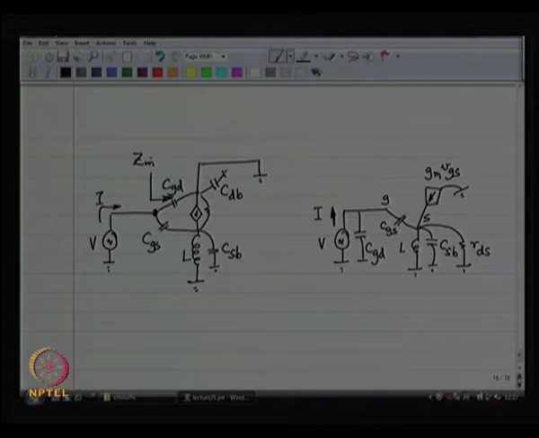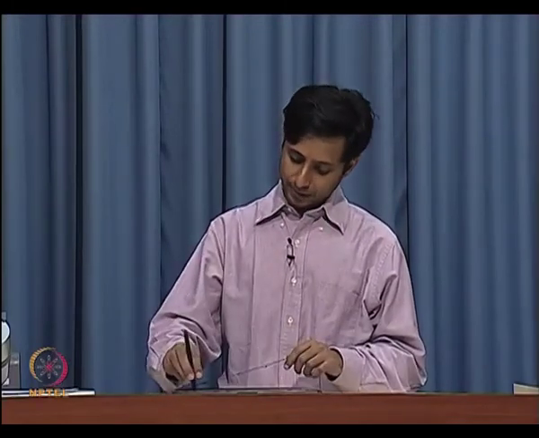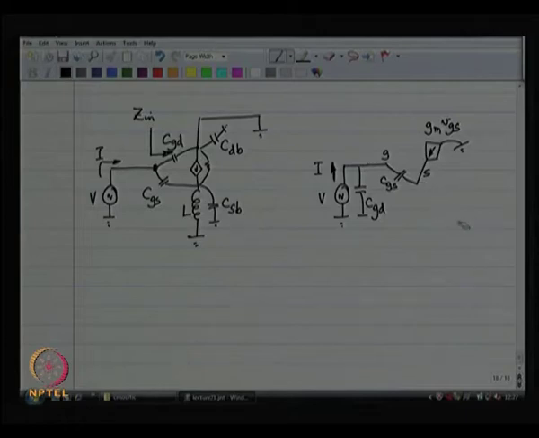CDB became irrelevant as a result, and the next thing I am going to do is lump L, CSB and RDS into one combined element called Z, which is the parallel combination of all this, and you keep this thing in your scratch pad.